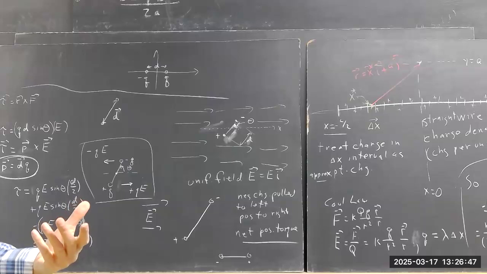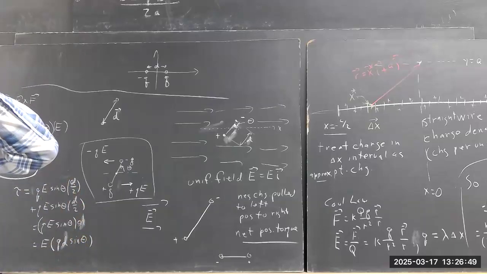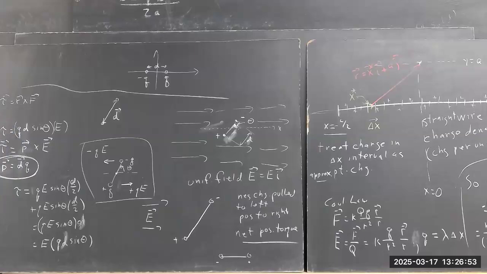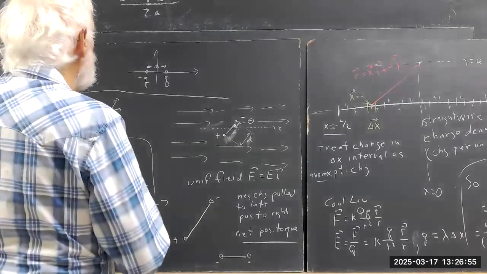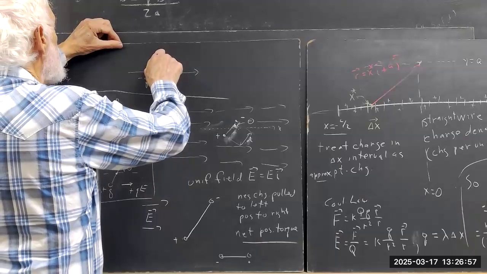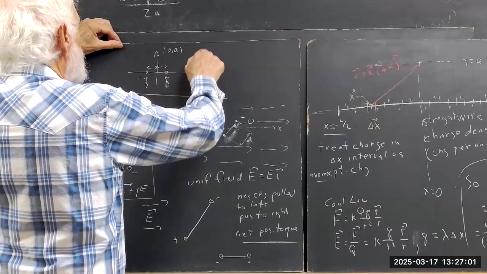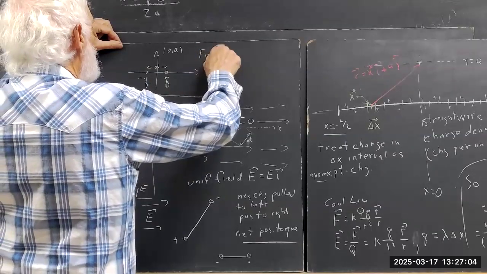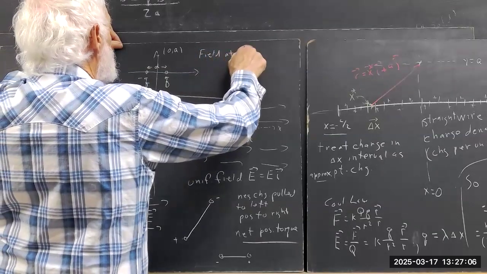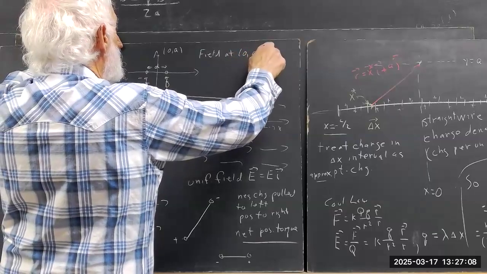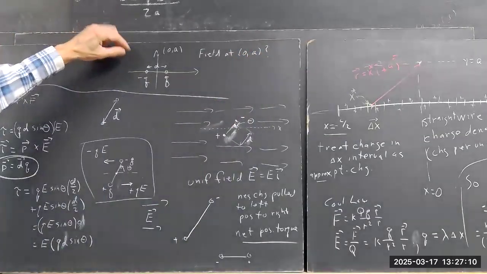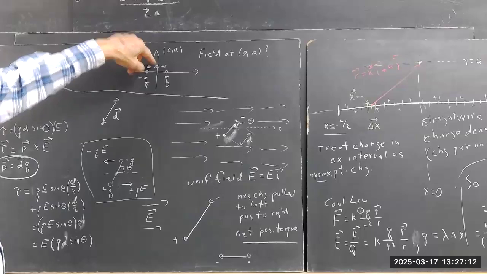The question is, what's the field of this thing look like? What's the field of this thing at the point 0, A?